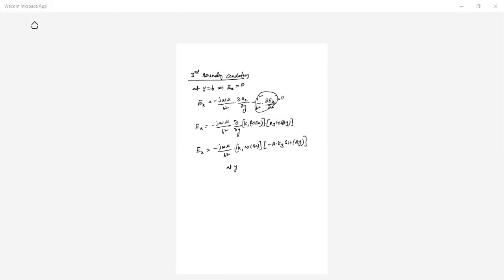At y is equal to b, Ex is equal to 0. So 0 is equal to minus j omega mu by h square, you can take k1, k3 here, k1 cos bx, this is minus a into k3 sin.